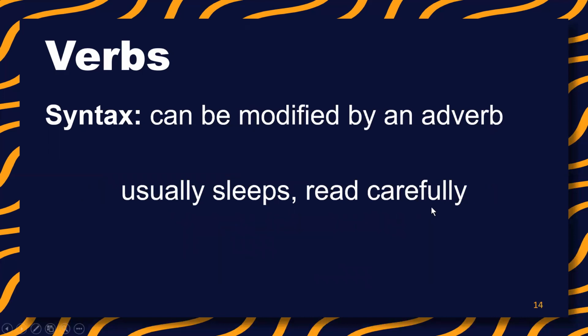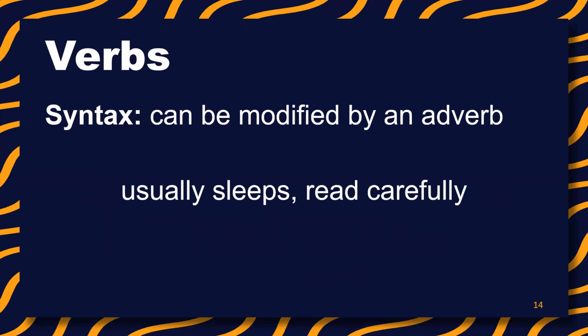So another, our verbs can be modified by an adverb. In the following examples, we have here "usually sleeps" and "read carefully." So "usually sleeps," the action here is sleeps. Usually is the adverb. So usually is an example of adverb of frequency.